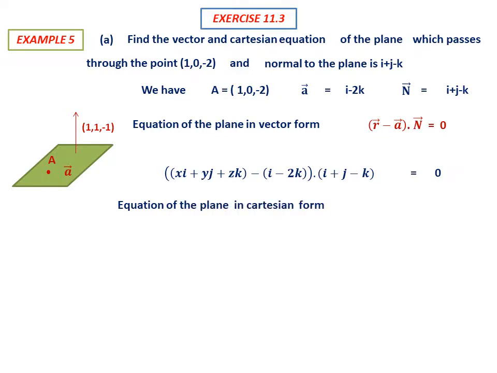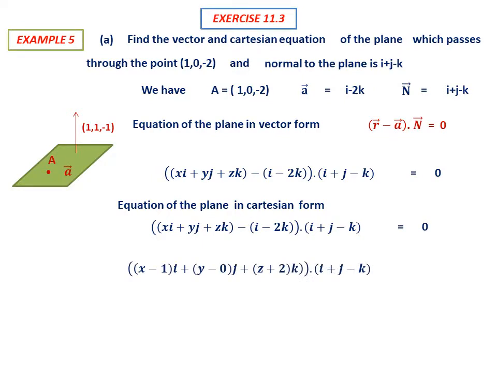So now the equation of the plane in Cartesian form, what do you have to do? Just simplify. First you have to take (xi plus yj plus zk minus (i minus 2k)) dot (i plus j minus k) equal to 0. This is the first thing. Now simplify: (x minus 1) i plus (y minus 0) j plus (z plus 2) k, dot i plus j minus k, equal to 0.